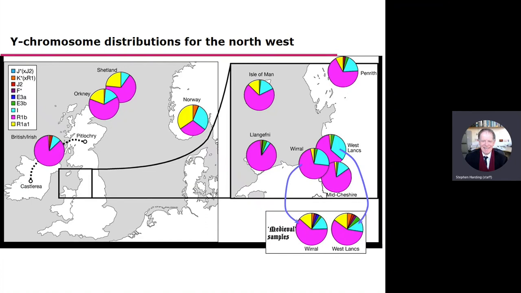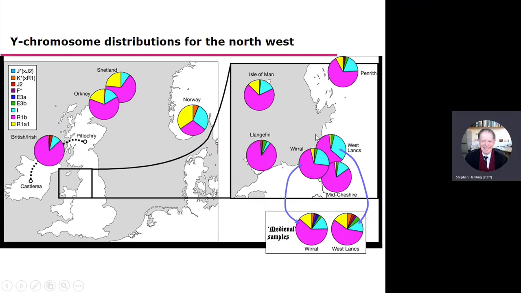And we looked at the distributions of the main haplogroup types, and we compared these with data from Scotland, from Ireland, and also from the Orkney, Shetlands, and Norway, and other places, and then made some analyses based on how similar the populations were to each other in terms of distributions.